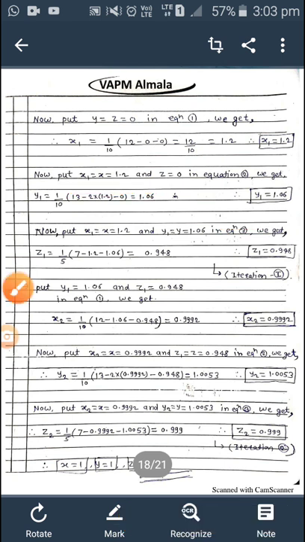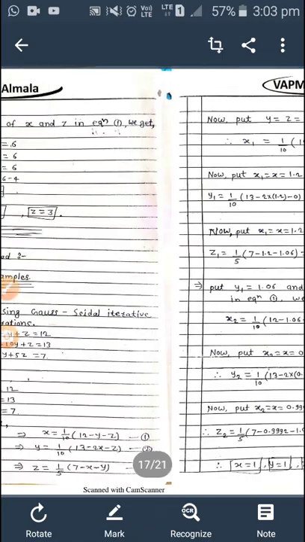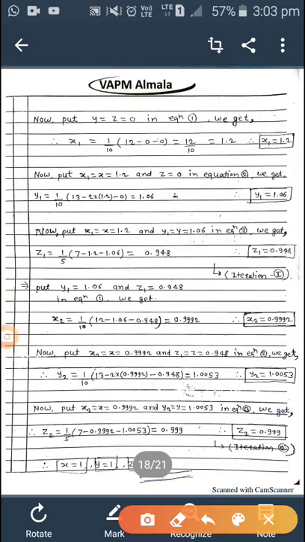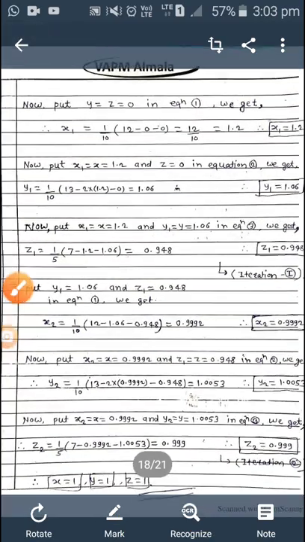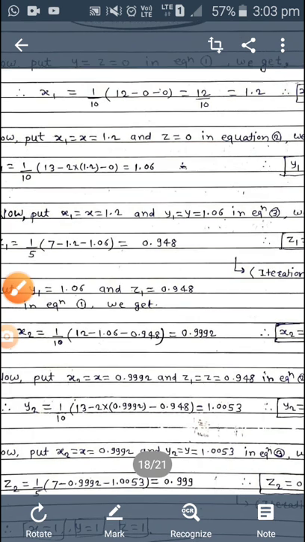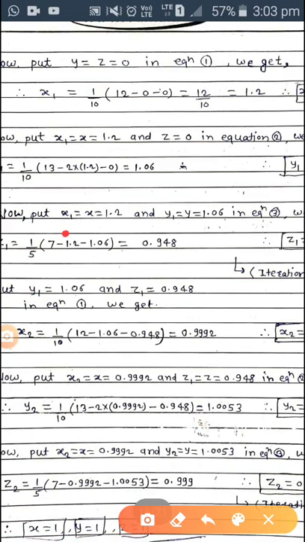Now we obtain two values, x1 and y1. Consider x = 1.2 and y = 1.06. Now put these values of x and y in equation number 3.